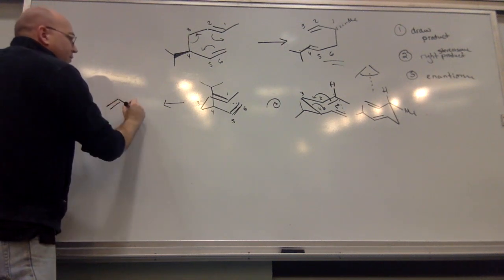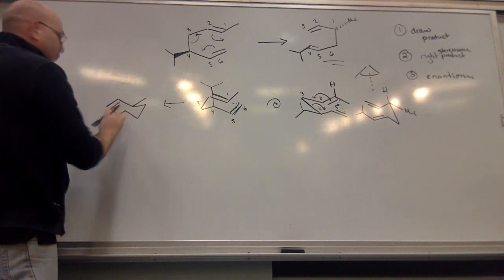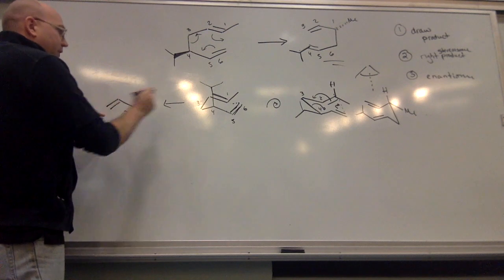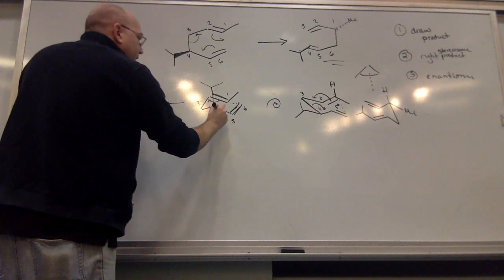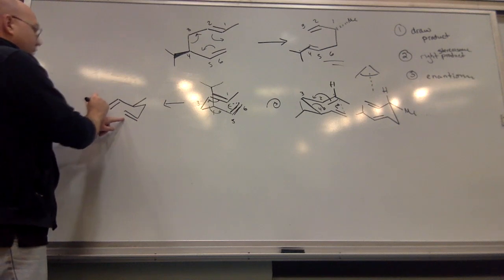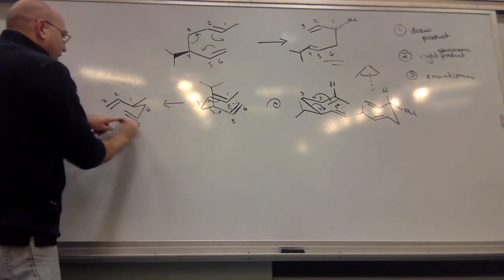So what you'd want to do is one, two, three, four, five, six. If we were to move these, that would go there, that would go there, that would go there. This would be 3, 2, 1, 6, 5, 4.